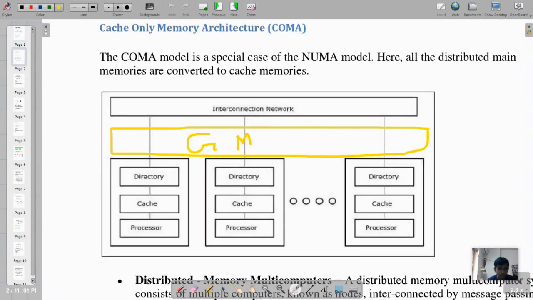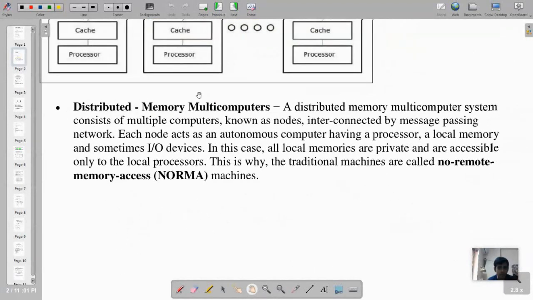Next comes the distributed memory multi-computers. Now, these are basically multi-computers. A distributed memory multi-computer system has multiple computers, and these multiple computers are known as nodes, which are interconnected by a message passing network.